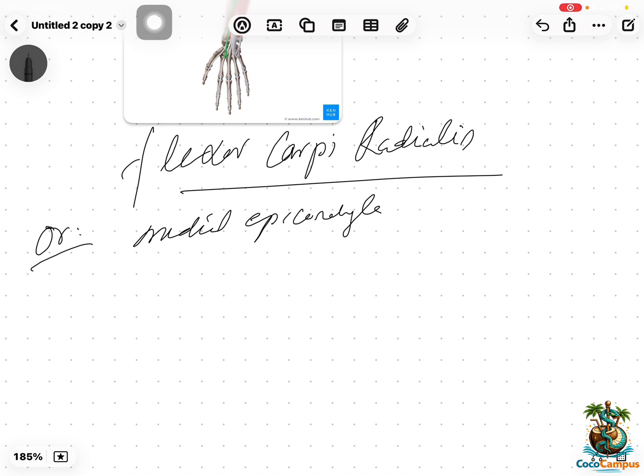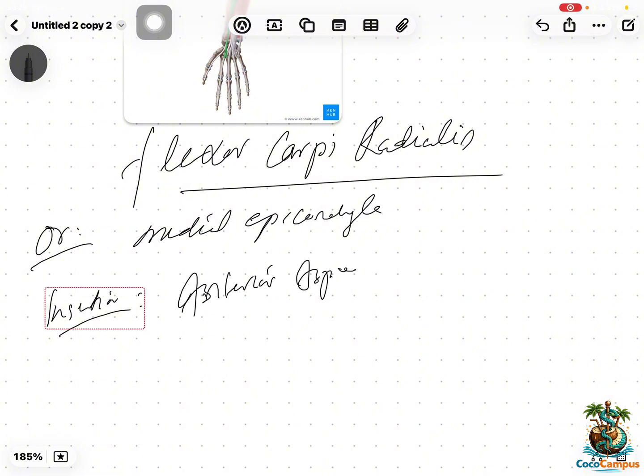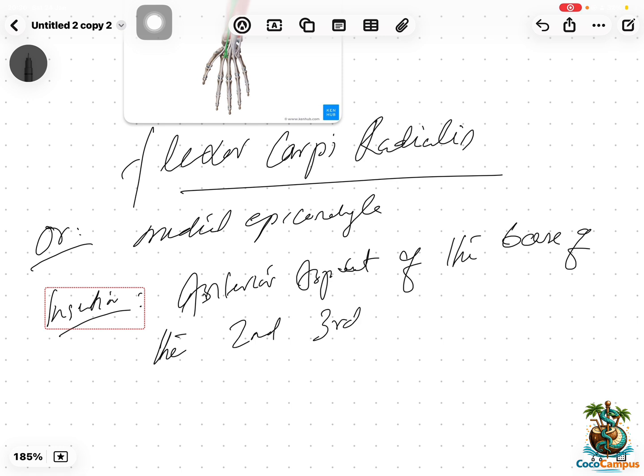The insertion is at the anterior aspect of the bases of the second and third metacarpals. Its innervation is once again the median nerve, C6, C7. And its primary action is flexion and abduction of the wrist.